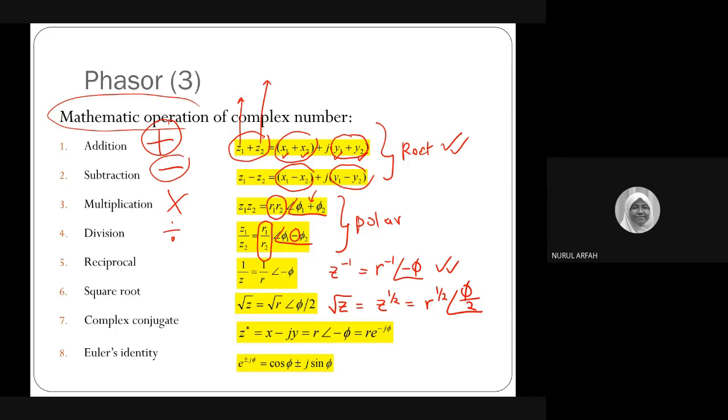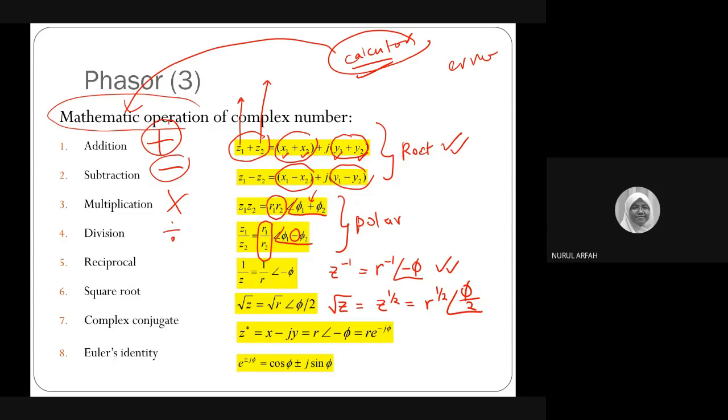Why are all these formulas very important? Because sometimes when you use your calculator, usually I will ask you to use a calculator, but if you cannot solve it using the calculator, then you need the mathematical operations for complex numbers. Sometimes the calculator will give you an error because it cannot calculate using the mode that you have.